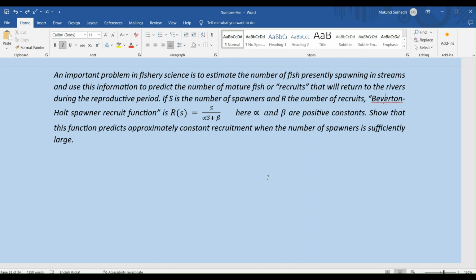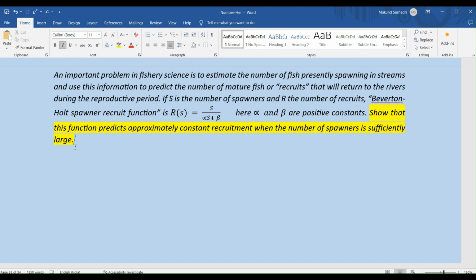So I want to draw your attention to the last line in this particular problem. Basically, what we've been asked to show is as the number of spawners, which is S in this equation, becomes sufficiently large. And what do we mean by sufficiently large is S tending to infinity, right? S is the number of spawners.